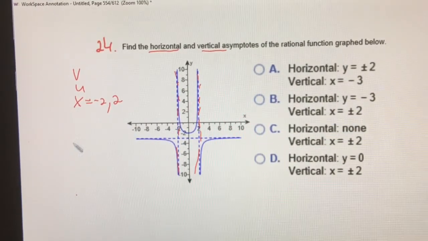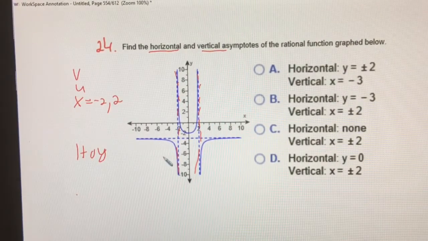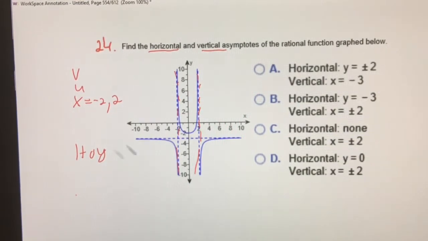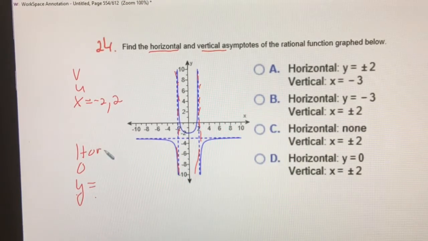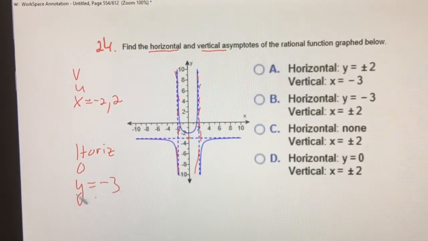I now need to discuss a horizontal asymptote. The horizontal asymptote is going to be a horizontal line. That's going to be y equals a number, so it's a horizontal line for the horizontal asymptote, and that goes to negative 3. The horizontal asymptote is going to be y equals negative 3. So I got a horizontal at negative 3.